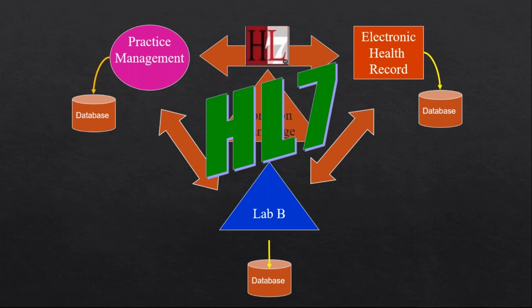So what happens when HL7 comes into the picture? The data will be extracted from the PM system and converted to a common language, which is HL7. And once the message is in this format, everyone understands the HL7 message because others are also learning it. When others receive an HL7 message, they know where to extract the data from within the message.